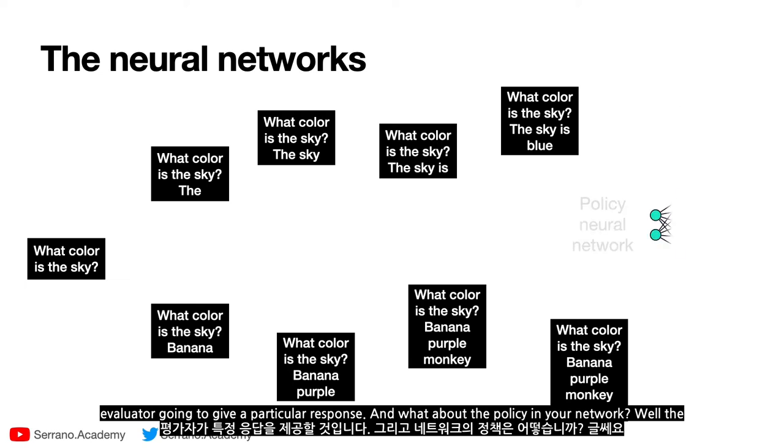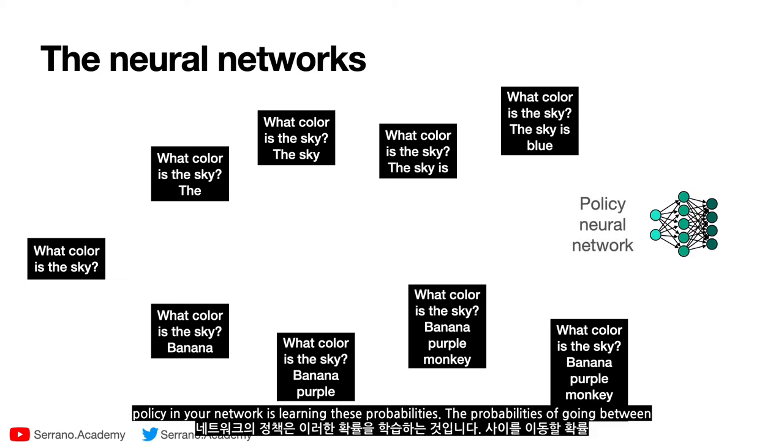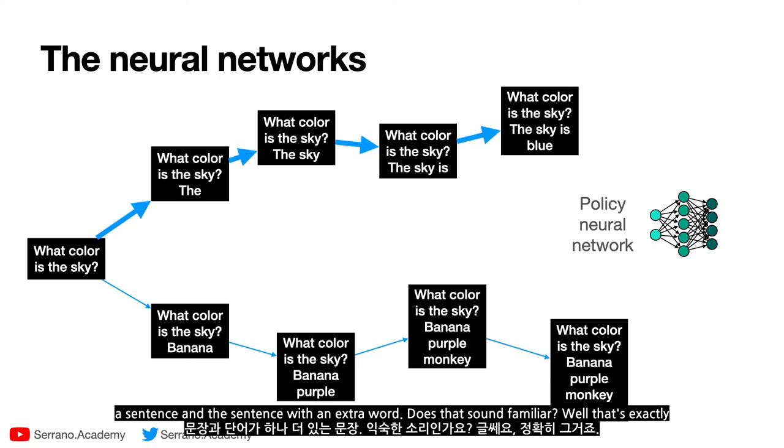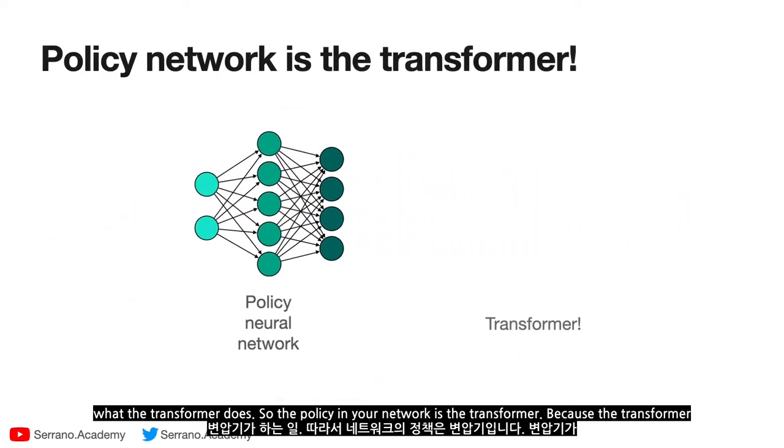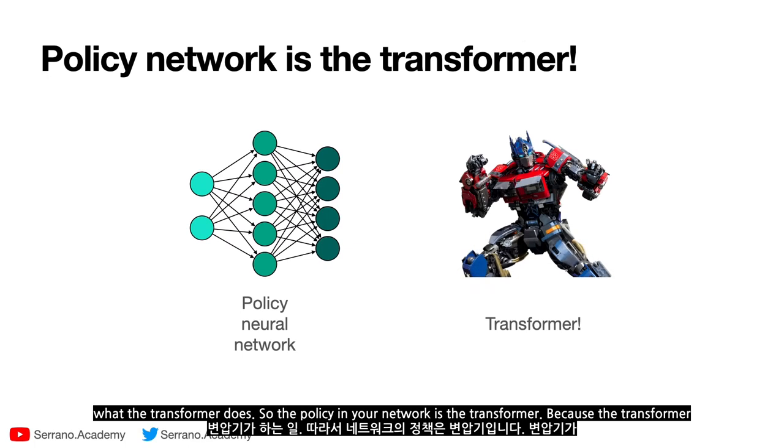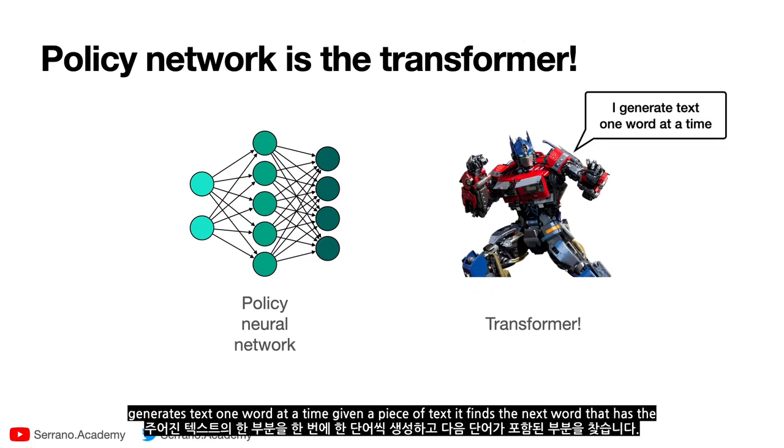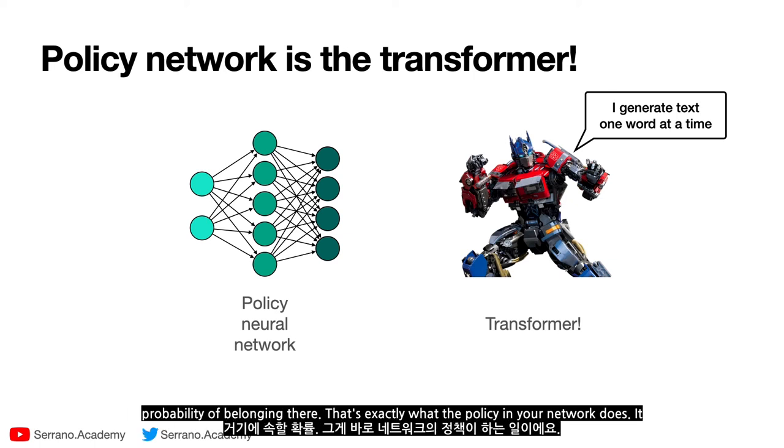And what about the policy neural network? Well, the policy neural network is learning these probabilities. The probabilities of going between a sentence and the sentence with an extra word. Does that sound familiar? Well, that's exactly what the transformer does. So the policy neural network is the transformer, because the transformer generates text 1 word at a time. Given a piece of text, it finds the next word that has the highest probability of belonging there.